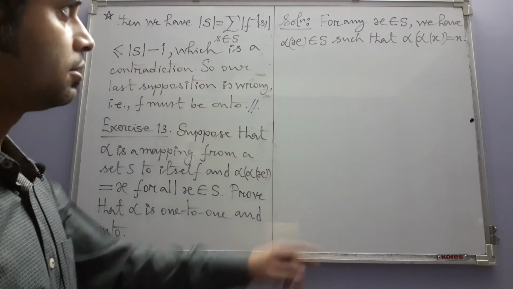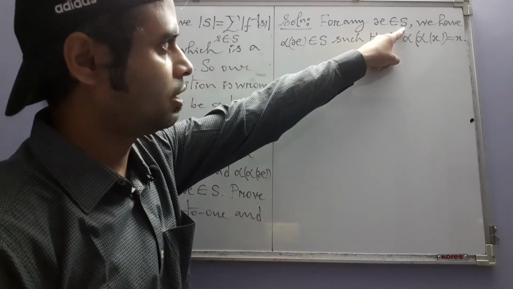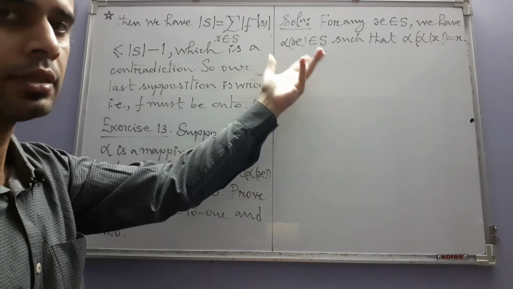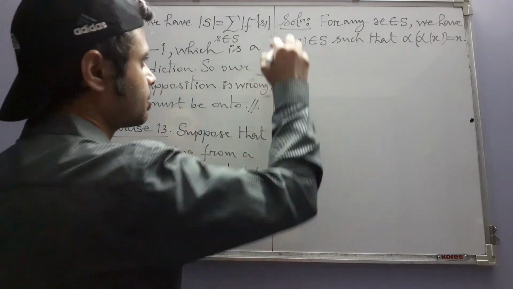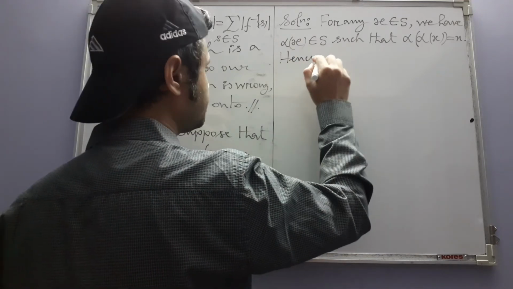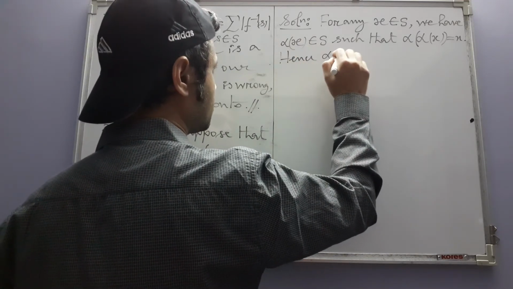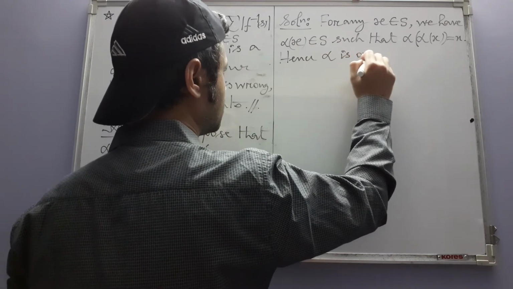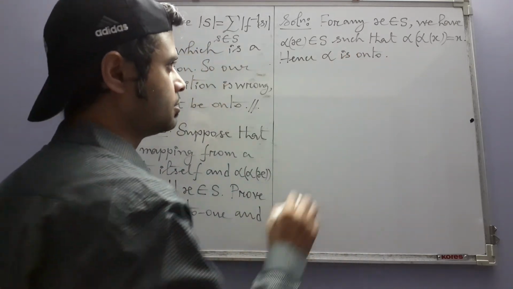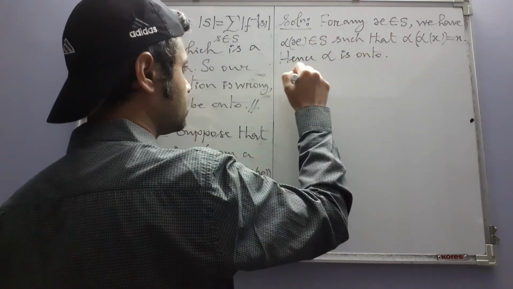So that means any x in S is an output and the input is alpha of x. So that just means ontoness. Hence, alpha is onto.